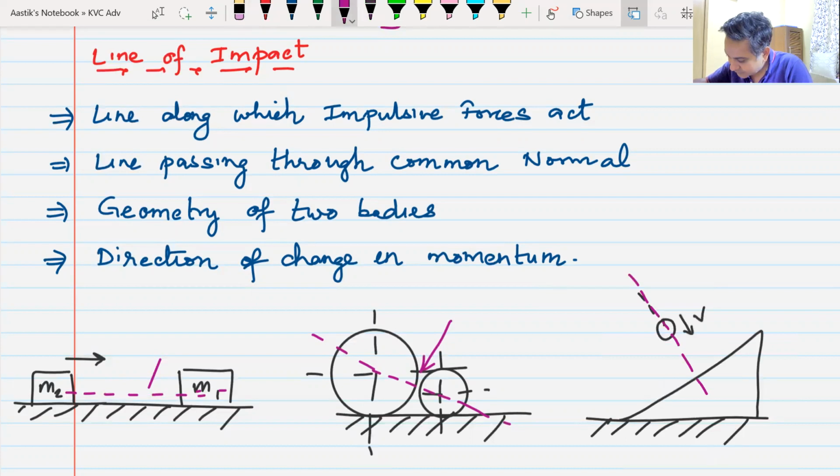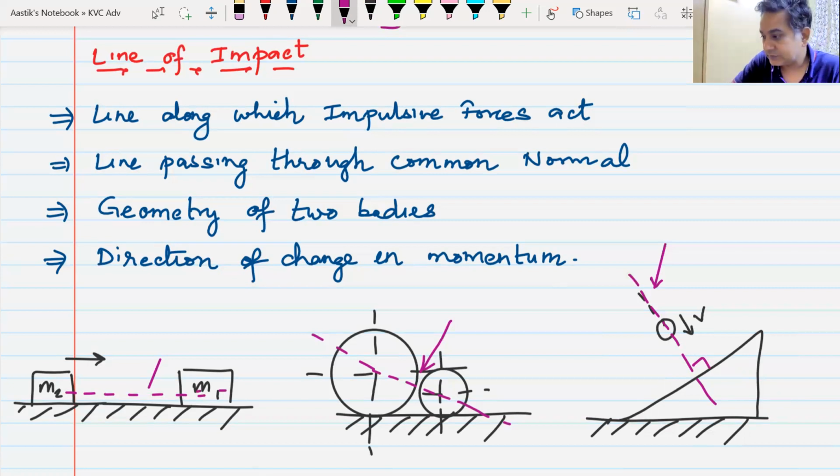This line would be the line of impact, yes or no? Yes, sir. So basically what you can understand from this entire thing is that the line of impact can be determined by how the collision is happening, yes or no? Do we understand this? Yes, sir.